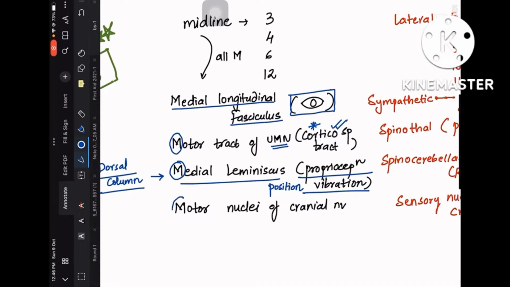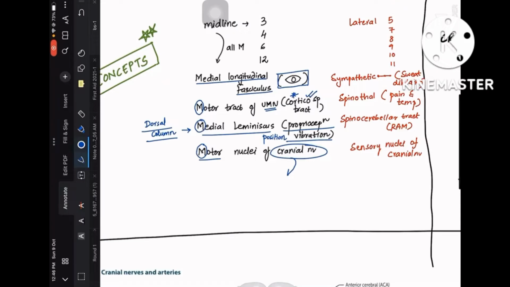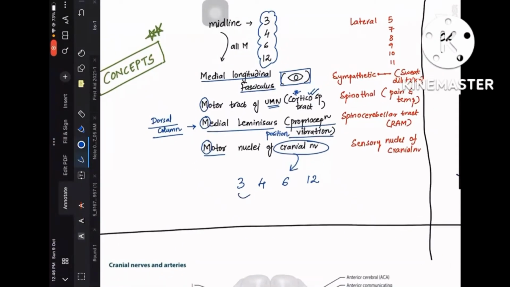Coming to another M, which is the motor nuclei of the cranial nerves. The important point here is which cranial nerves are involved in these motor nuclei. It is 3, 4, 6 and 12. 3, 4, 6 are for the extraocular muscles, right?